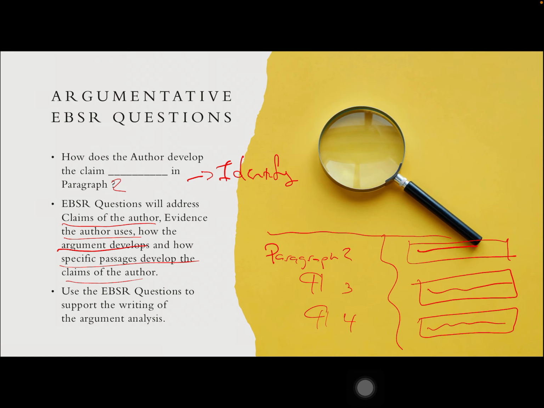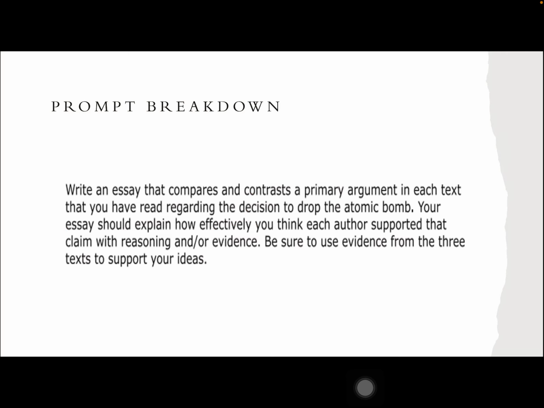And then most importantly, guys, I cannot stress this enough: use the EBSR questions to support the writing of your argument analysis, because your argument analysis is really going to be dependent upon how well you can analyze arguments. Using your answers for the EBSR questions is the best way to do that, because it's going to talk about the claims, the evidence, and the development of the claims of the author. Using these things really gives you a head start on writing your analysis.